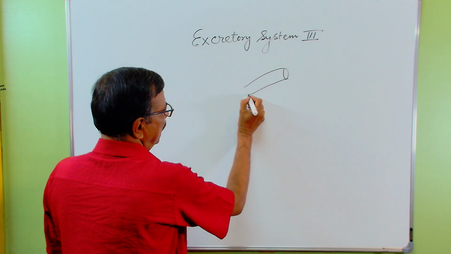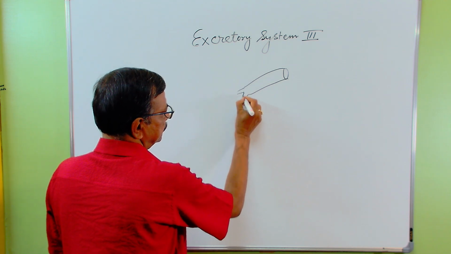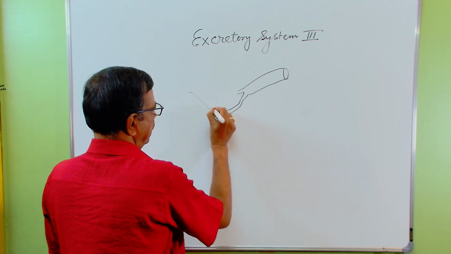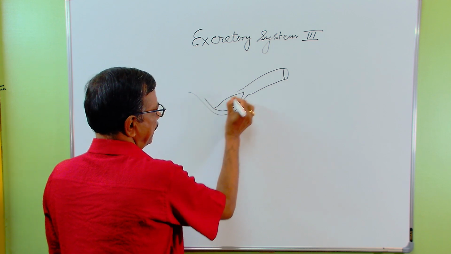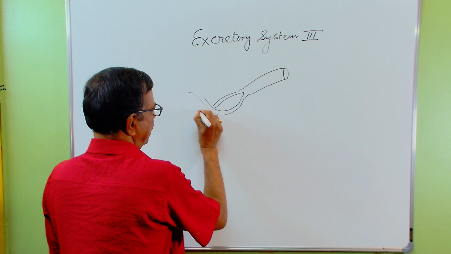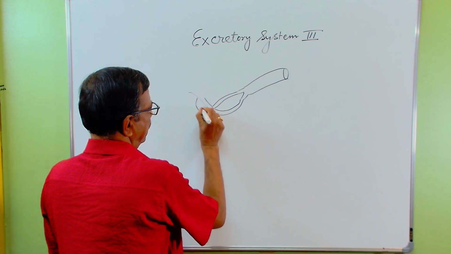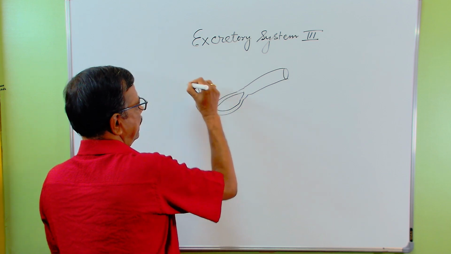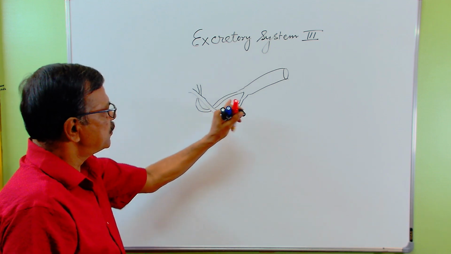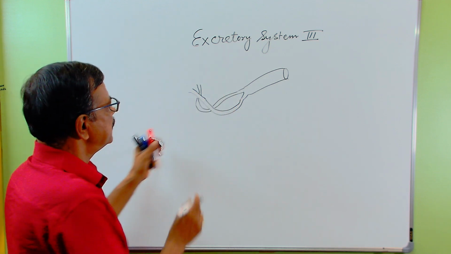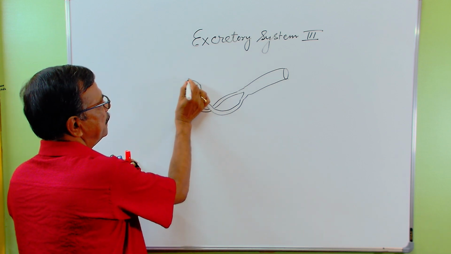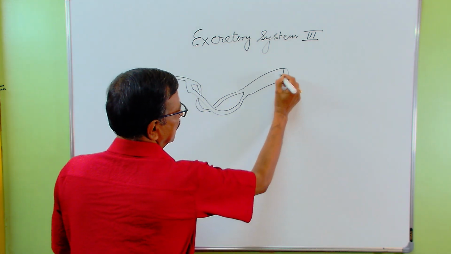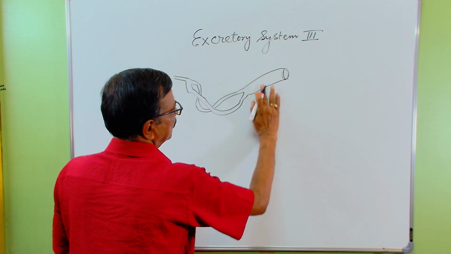This afferent arteriole breaks up into various loops, and I have made two loops here. These loops ultimately join to form the efferent arteriole.